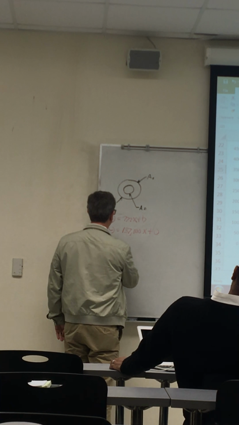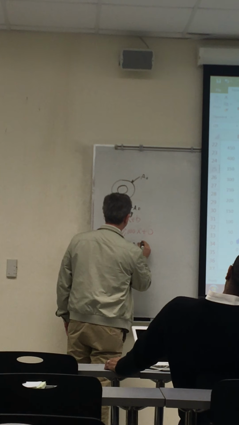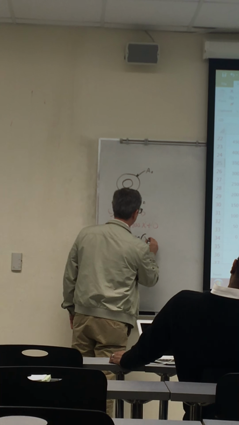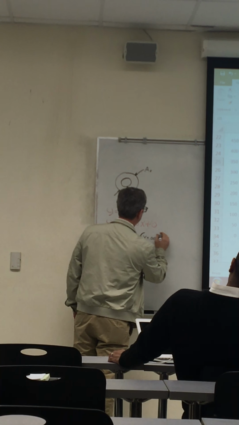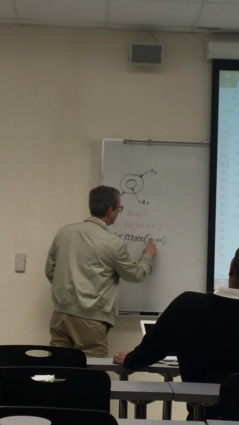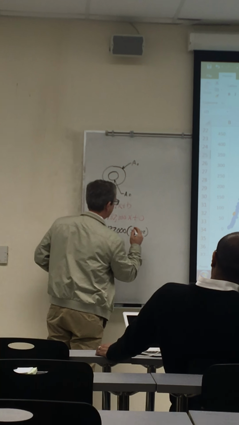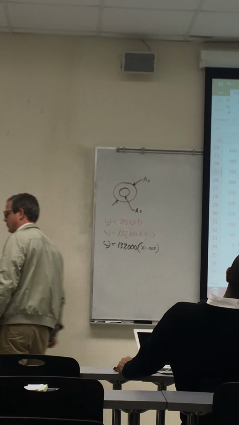And I'll just tell you, this is one of those things I always forget. What do you do to the x? Is it x plus 0.002 or x minus 0.002? It should be minus. Yeah, it should be minus. All right, it moves it to the right, this direction.